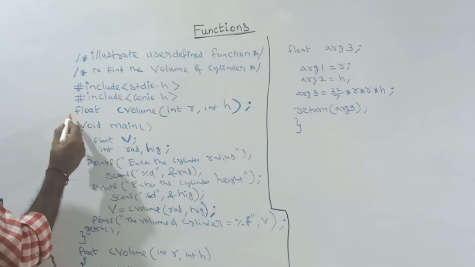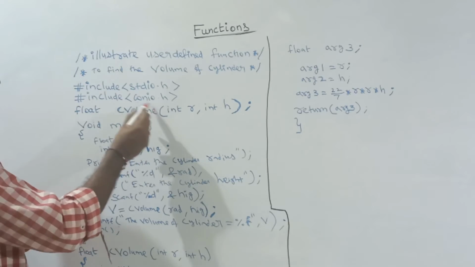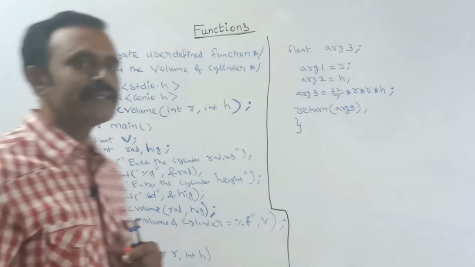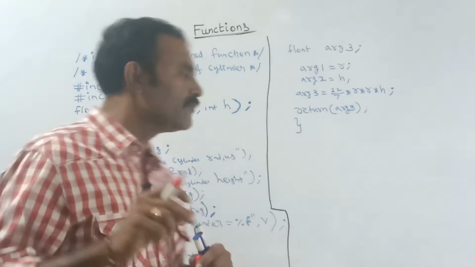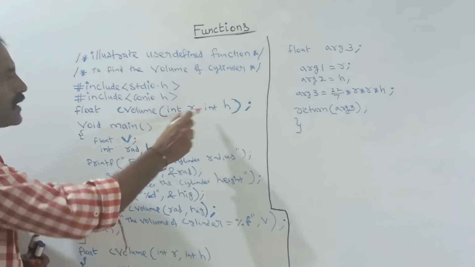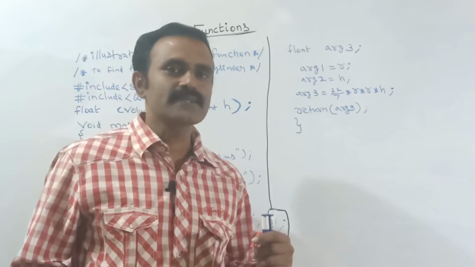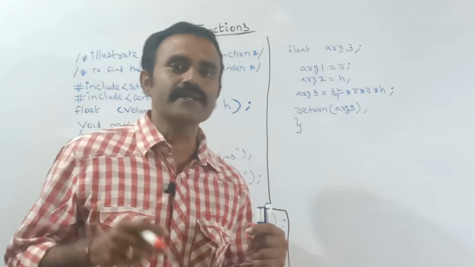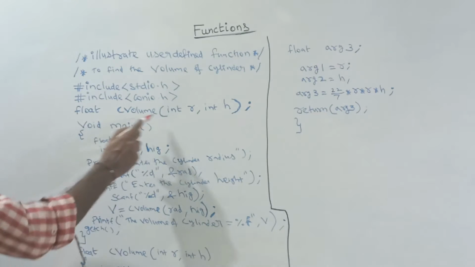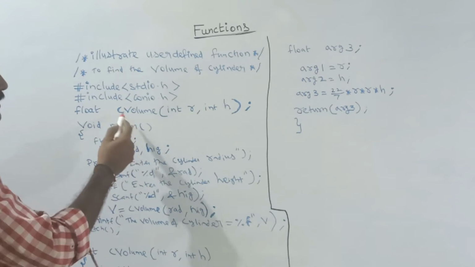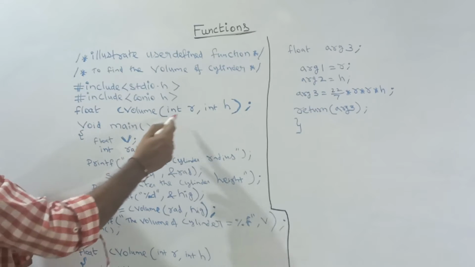In the function declaration I have declared that my function name is C volume. This C volume is designed for finding the cylinder volume. I am passing 2 types of argument: the first is the radius of the cylinder and the second is the height of the cylinder. I have designed these 2 arguments inside the C volume function.